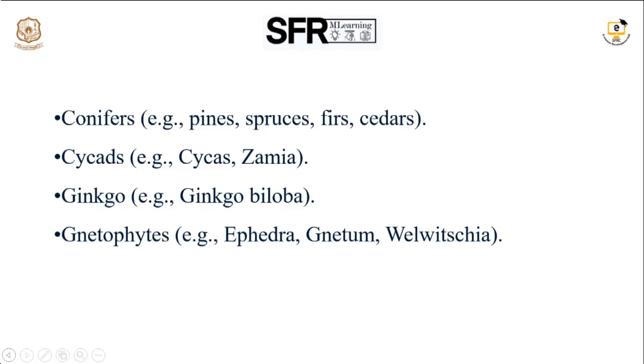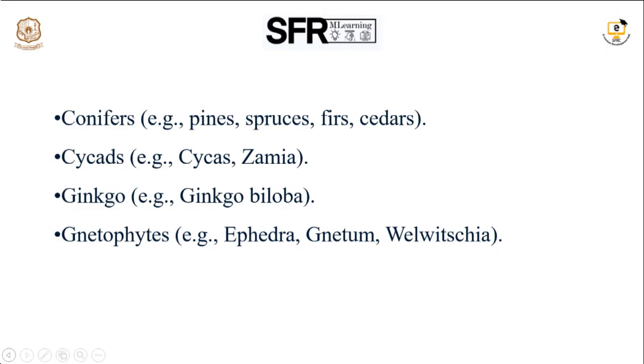The gymnosperms are distributed throughout the world, but in India only 16 genera and 53 species are present. Most of the gymnosperms are present in the Himalayan regions like the West Himalayas, Western Ghats, Nilgiris, and Andaman and Nicobar Islands. For example, Abies, Thuja, Cupressus are widely distributed in India.